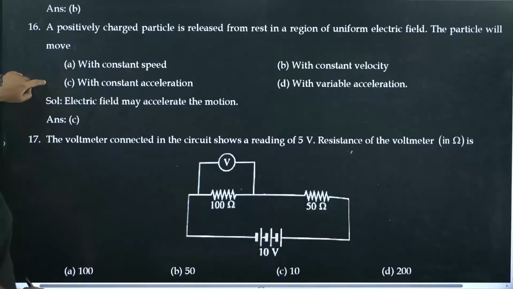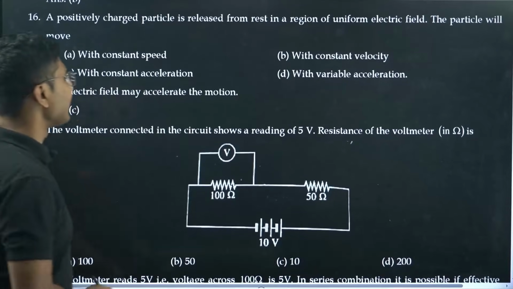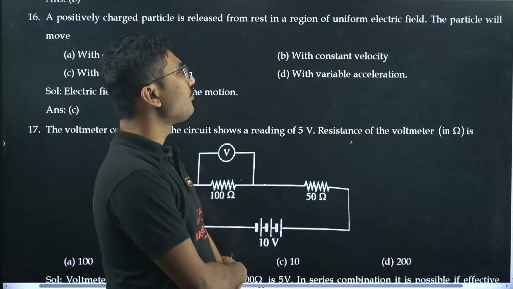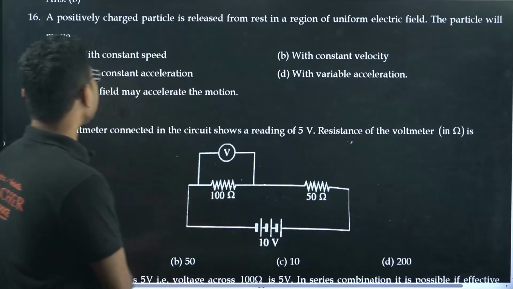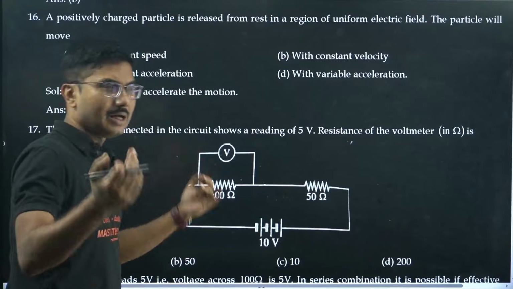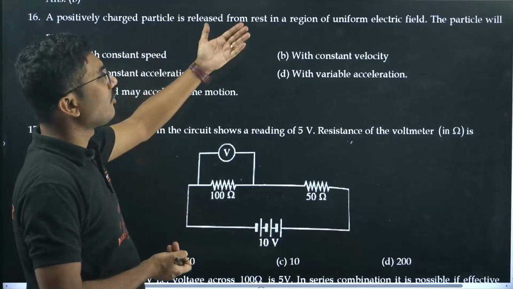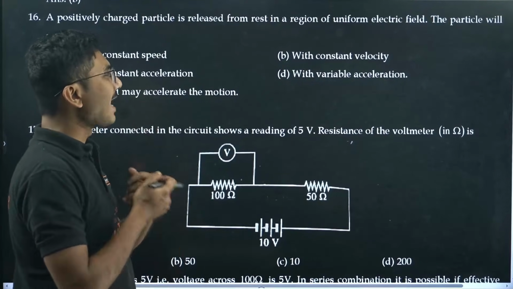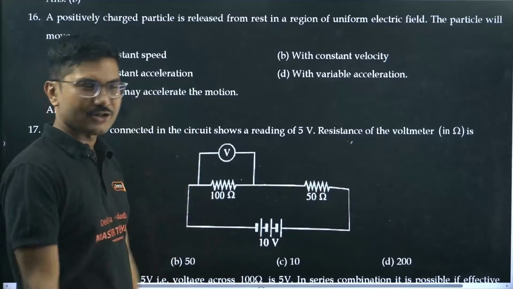Now question number 16: a positively charged particle is released from rest in a region of uniform electric field. The particle will move. Since it is positively charged, it will start moving with an acceleration. Why?